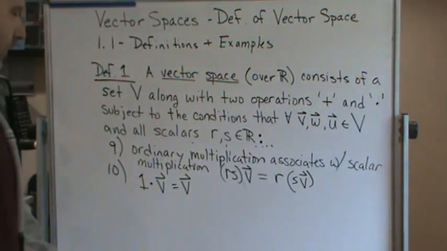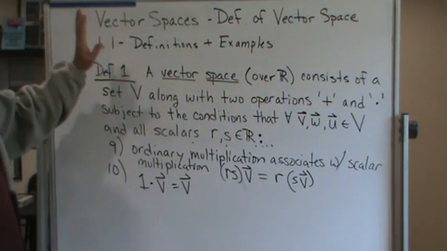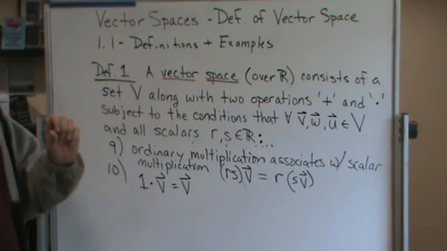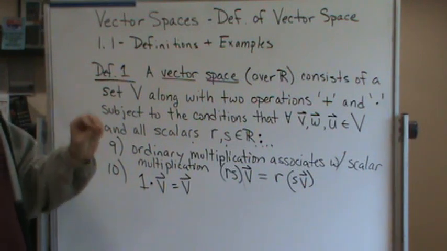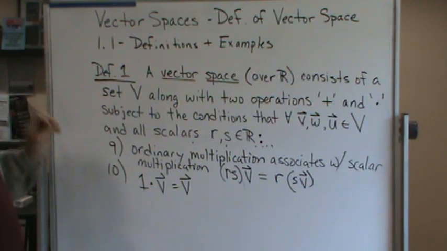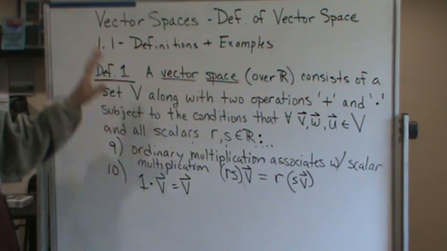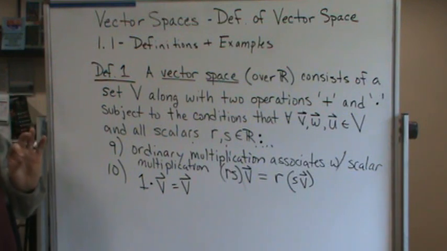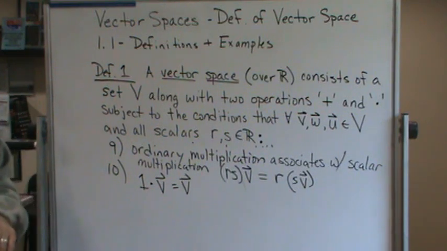So let's go through some examples. And so all vector spaces must satisfy these 10 conditions. Or let me explain it this way: any set of vectors must satisfy these 10 conditions to be considered a vector space.